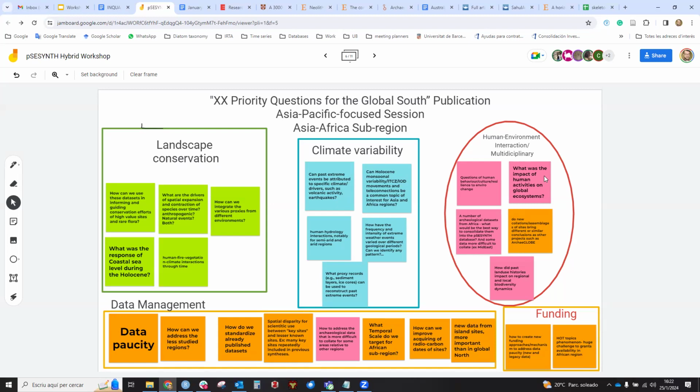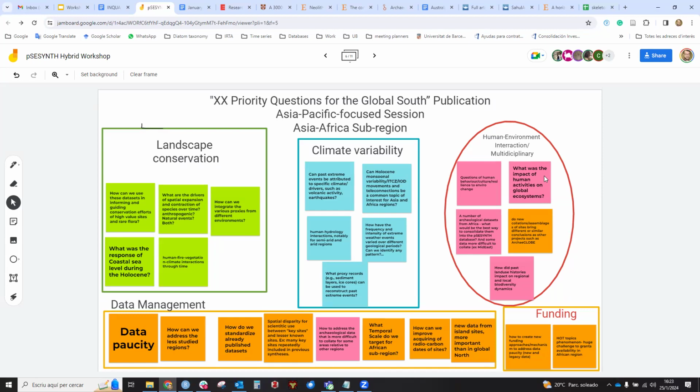The other grouping was climate variability. People raised issues about wanting to know how this data set can be used for looking into, for example, extreme events or monsoonal events within the tropics.